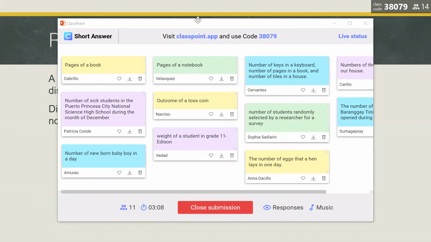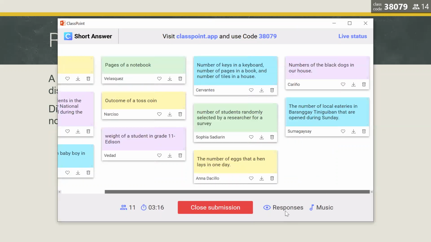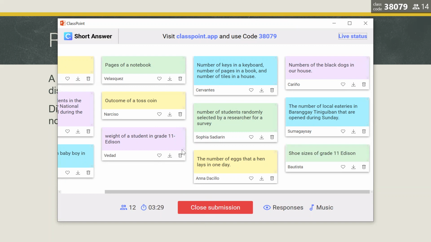Sige, last 30 seconds. Okay, I guess we need to close submission na.